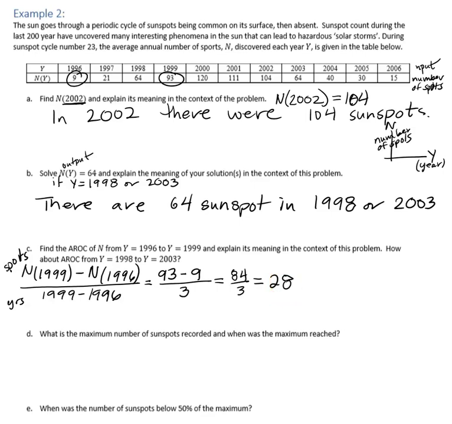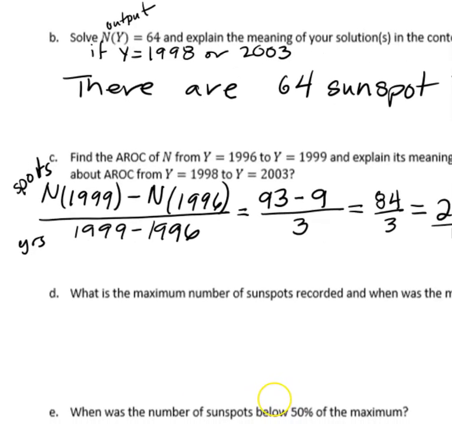Okay, so let's start with units. That was the number of sunspots over number of years. So for explaining, I wrote kind of big, so maybe try and sneak this in. I'll try and sneak it in down below.